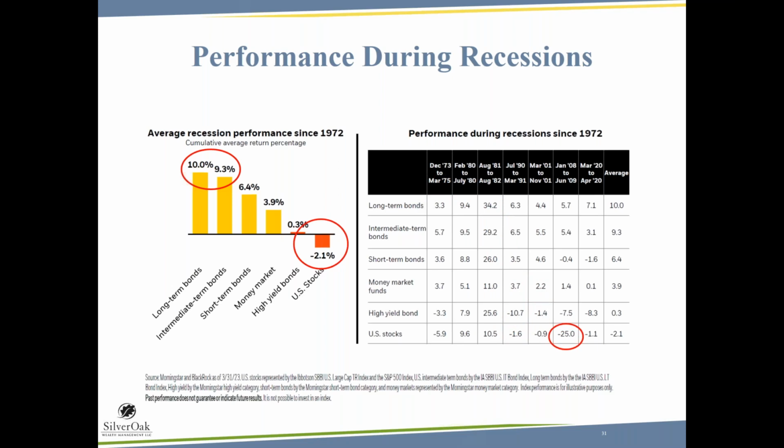However, that negative return is being heavily influenced by the 08-09 bear market, where it was down 25% in that recession. Now, conversely, that high bond return is also being influenced by the bond return back in 81-82, where it was up 34%.